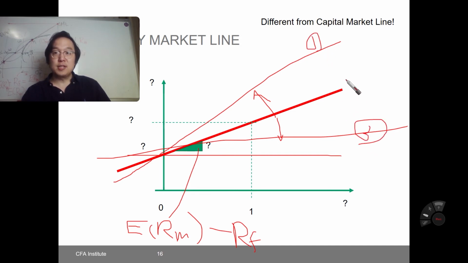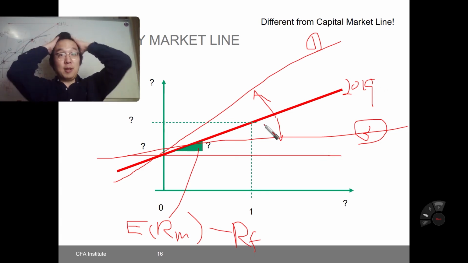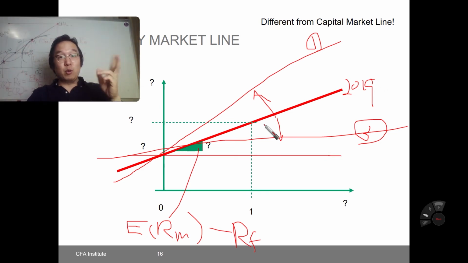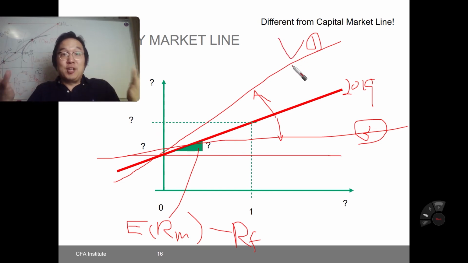If this is 2019's SML, which one, 1 or 2, should be the SML of 2020? It should be 1, right? Because it's a spooky market.